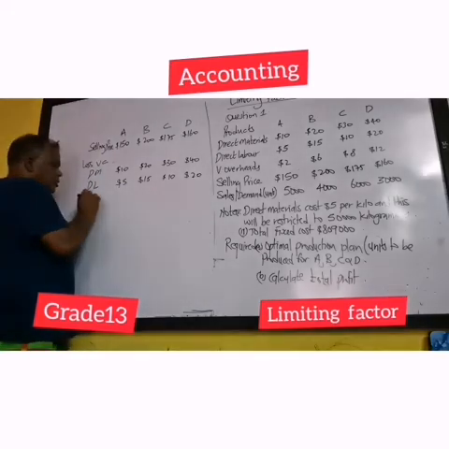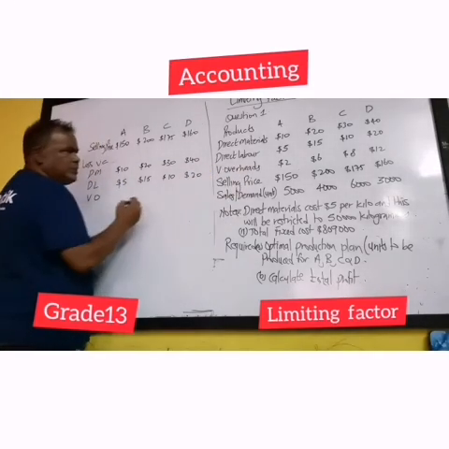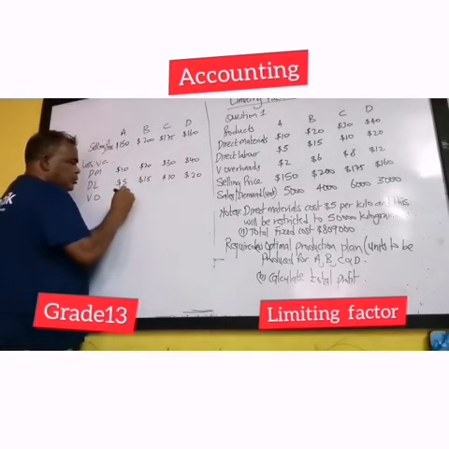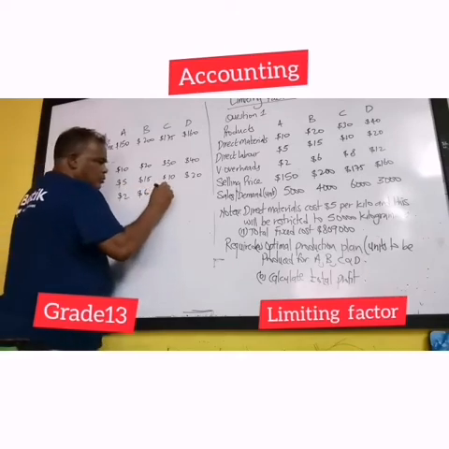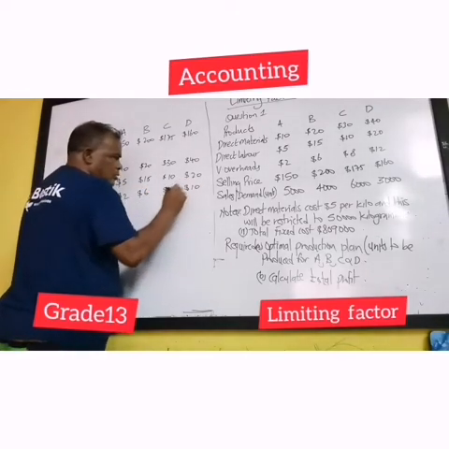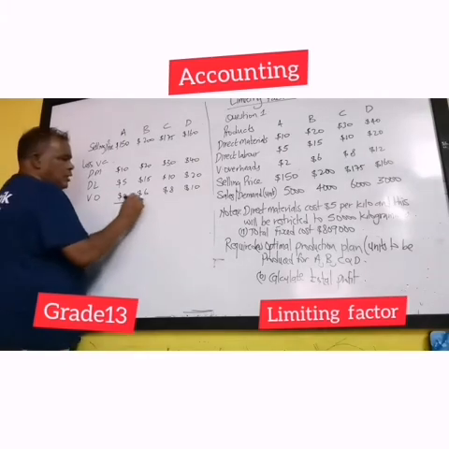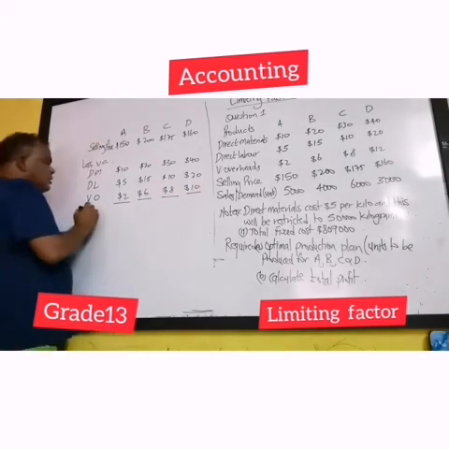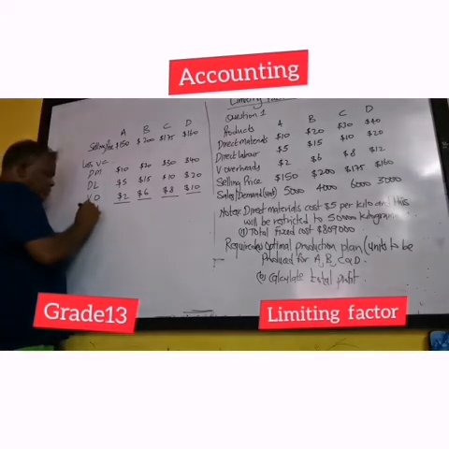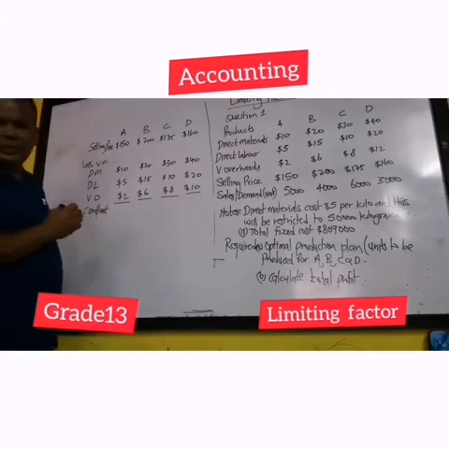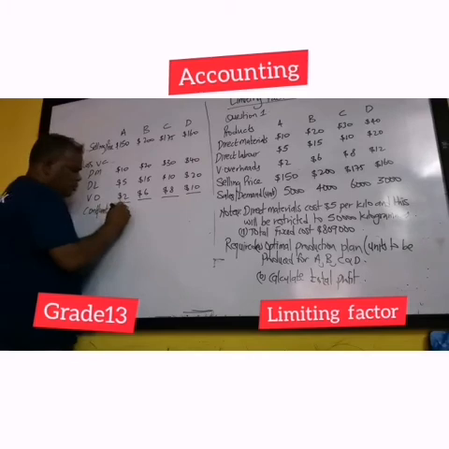Variable overheads: 2, 6, 10. Okay? Therefore, we have to calculate contribution per unit: selling price less variable cost. Contribution per unit, this one will give us 133.